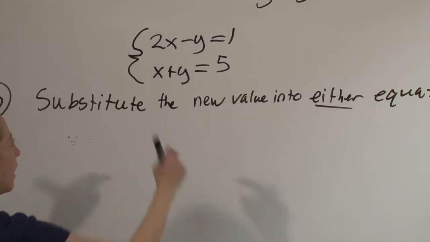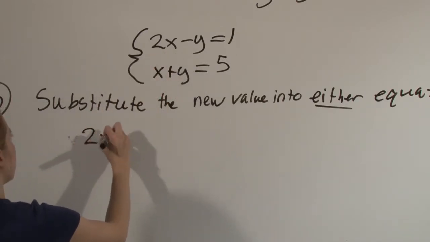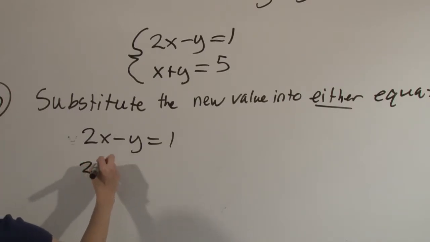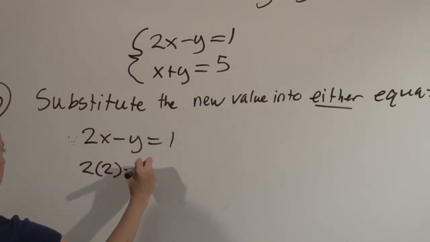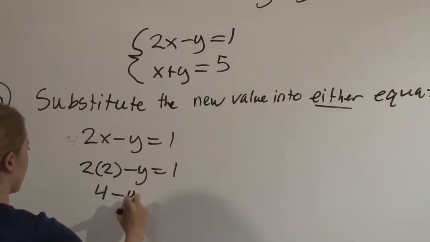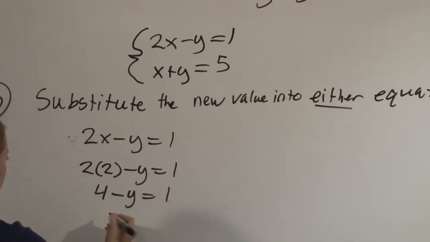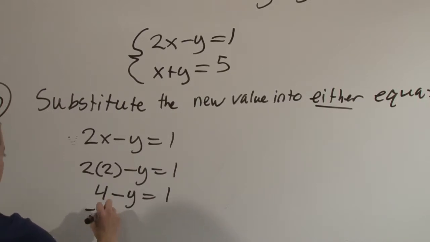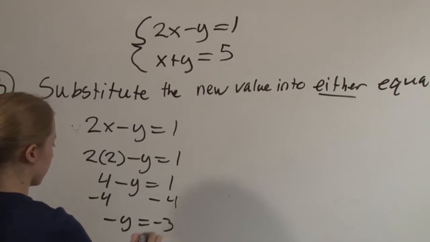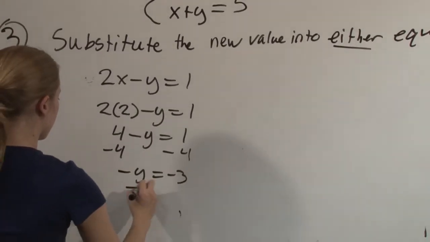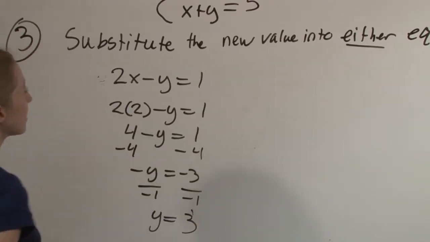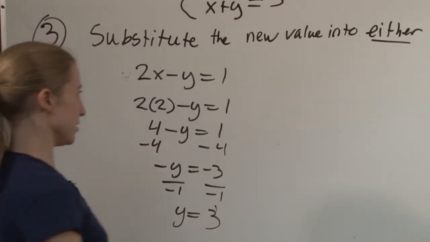So I can take this equation up here, 2x minus y equals 1, and if I put in 2 for x, I'm going to get 4 minus y equals 1. Subtract the 4 to the other side and get negative y equals negative 3. So y equals 3.